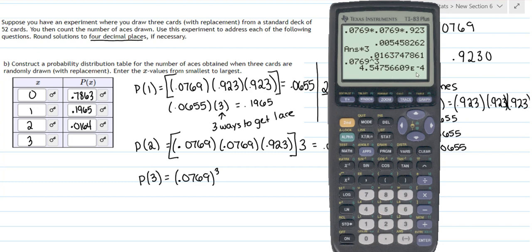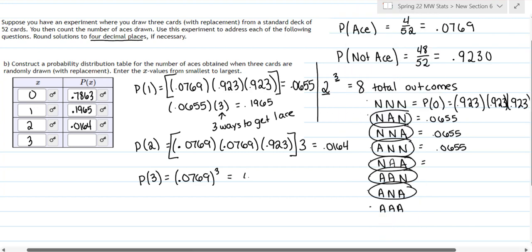Uh-oh, what is that? Scientific notation? Okay, so scientific notation is this. So that's 4.55 times 10 to the negative 4. That means this decimal place has to move 4 places to the left. That's all that is. Okay? So 10 to the negative 4 would be, we'd take the 4.55, 1, 2, 3, 4. So 1, 2, 3 zeros, and then a 4.